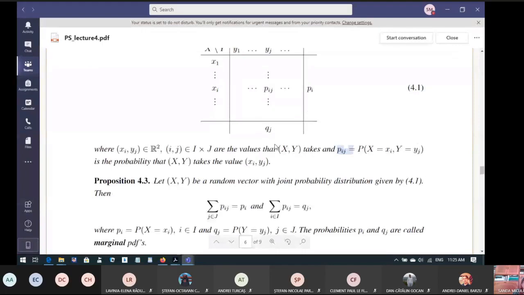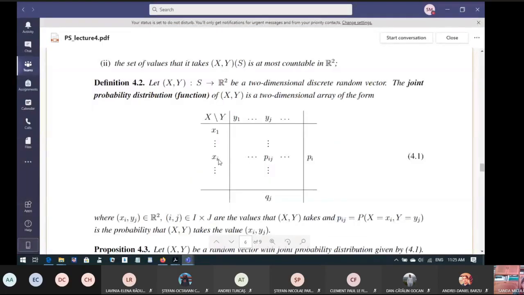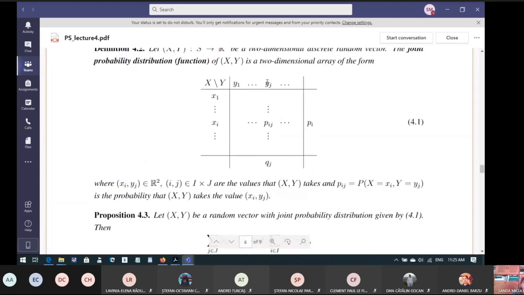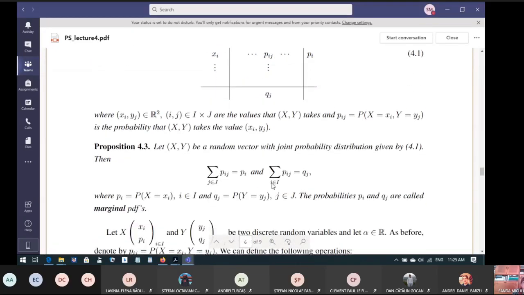So if we fix i, add all the probabilities on that row, so that means for all j, we're going to get pi, the probability that X equals xi. Same thing if we do it on columns. For a fixed j, add all the probabilities on that column for all the values of i. We get qj, which is the probability that Y equals yj.